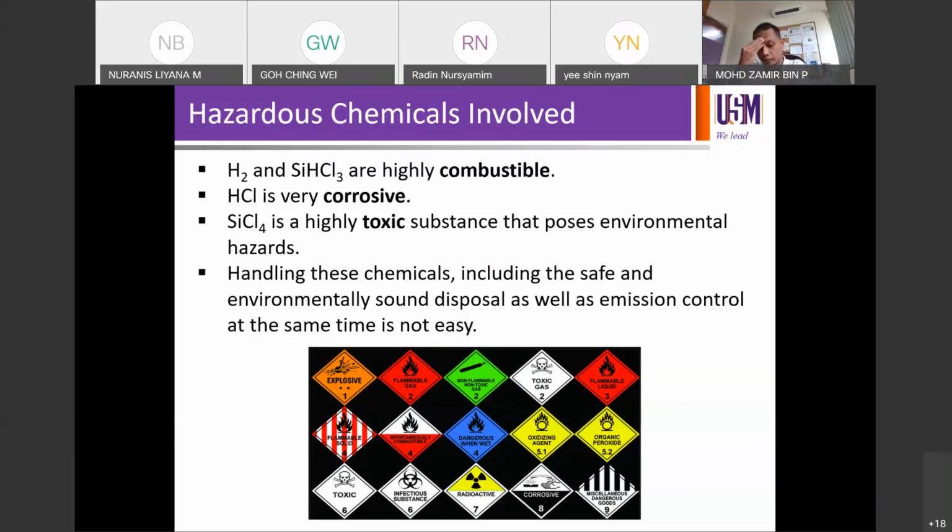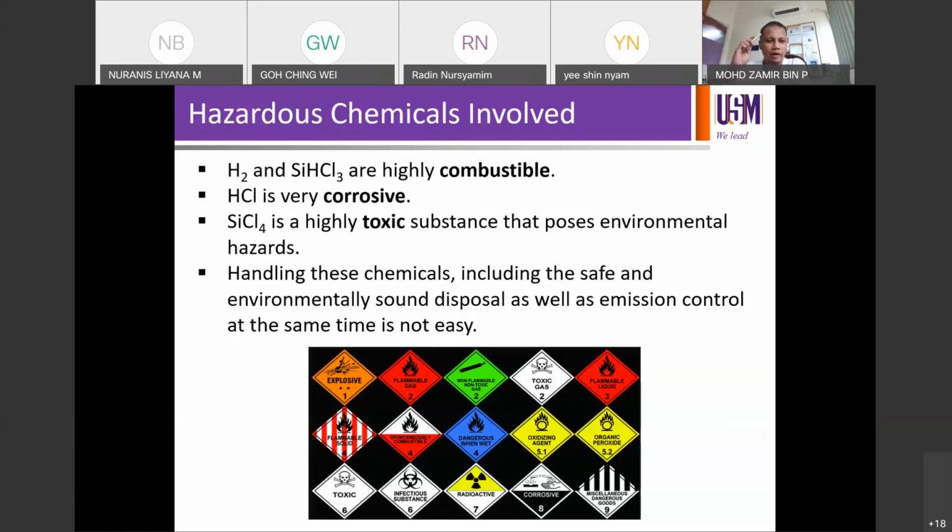If you have a major explosion of a wafer fab, for example Siltronic in Kulim, then the implication is that Kulim will be off the map. That's the scale we're talking about, because you have everything there.